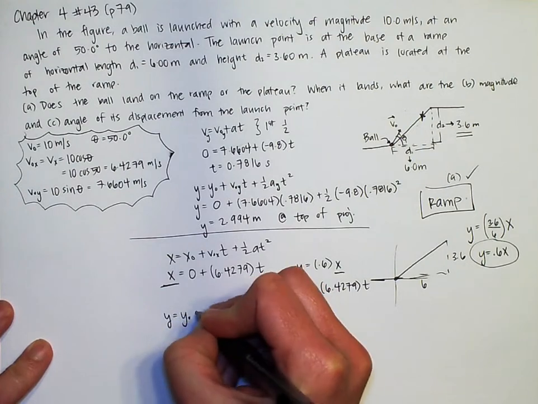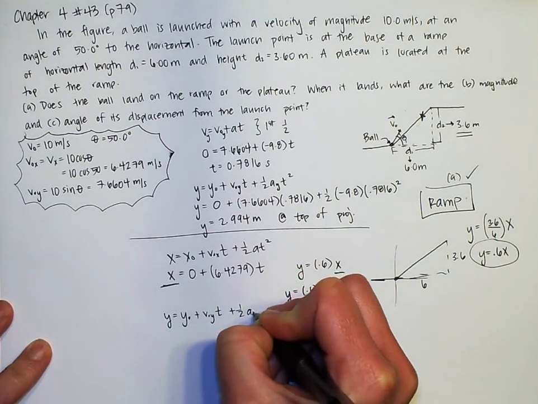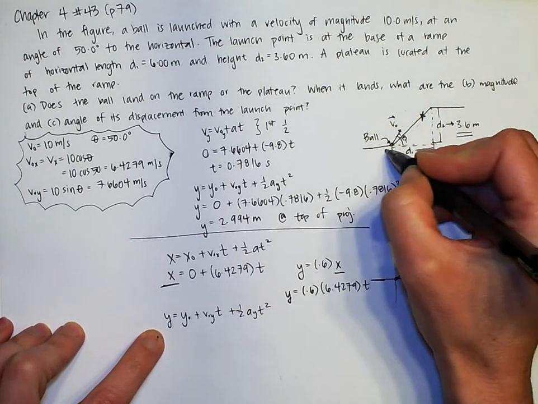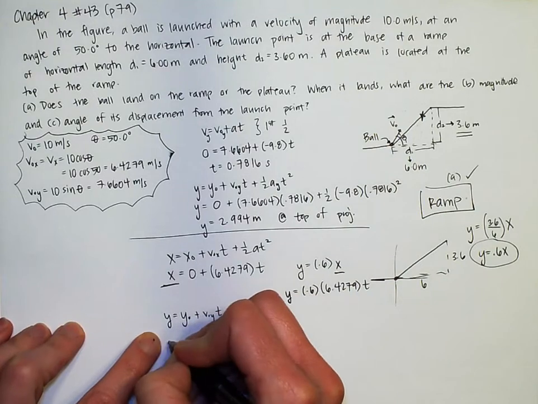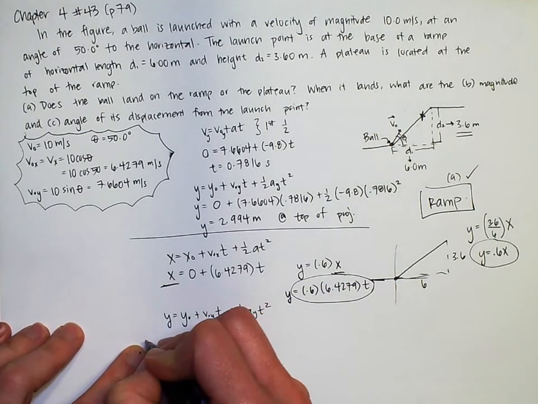So y equals y naught plus v naught y t plus 1/2 ay t squared. So the y, again, is what we're solving for, somewhere up along this ramp, some distance there. But I have my y in these terms now.